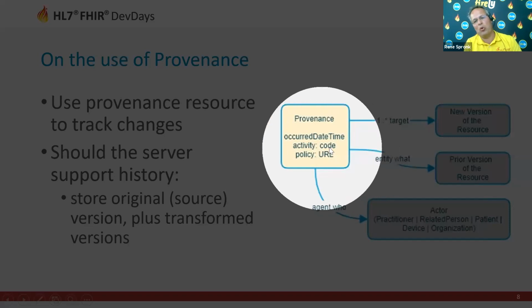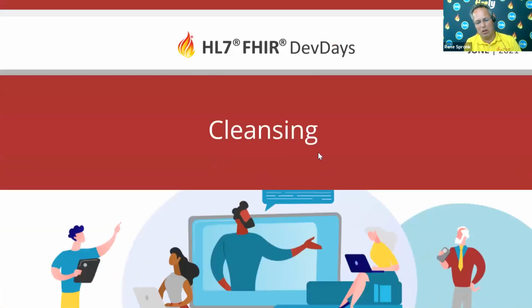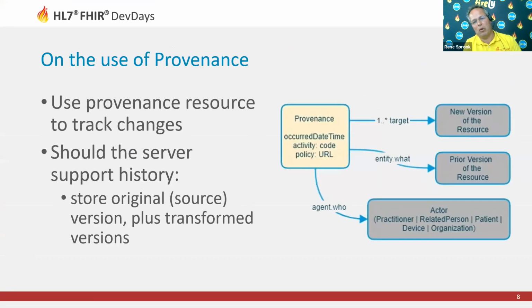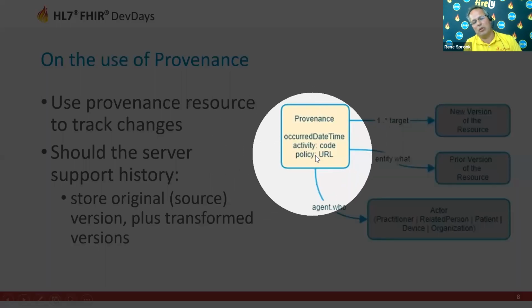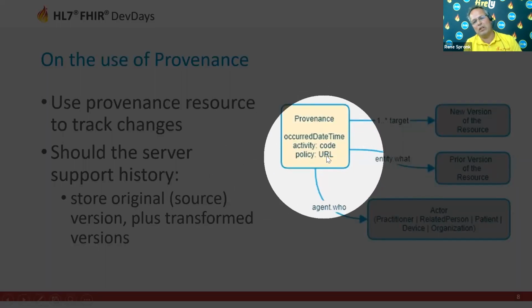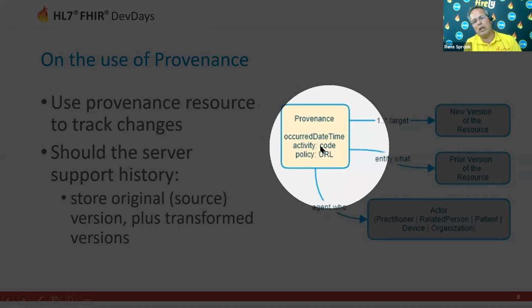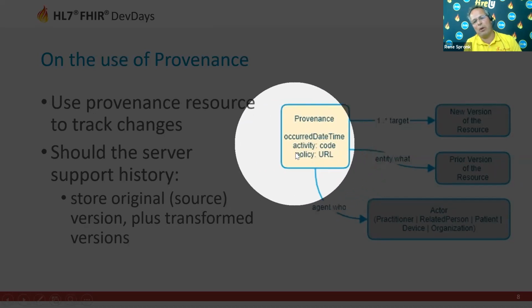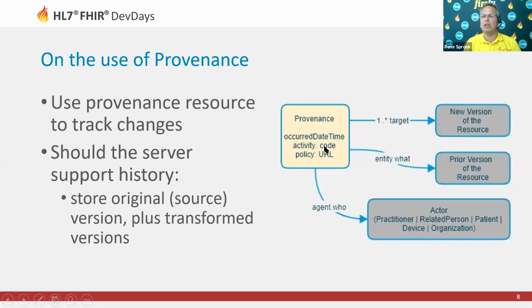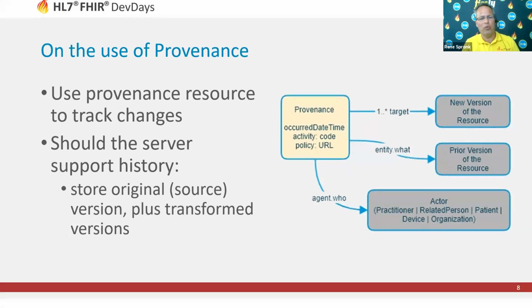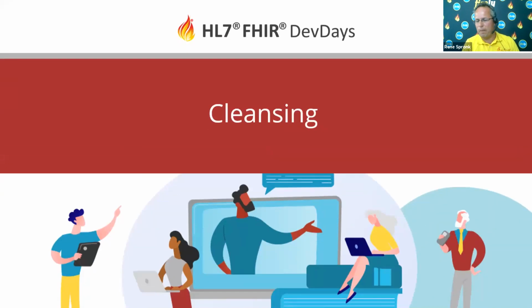Using some sort of code you can identify based on a certain policy. Let me go back. That's referred here. So these two are indications as to why we have done a certain step in our pipeline and also what we have done in terms of cleansing, for example, or mapping. So provenance, very powerful if you need to go for full traceability.